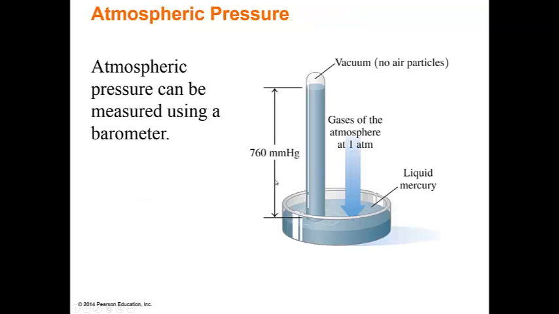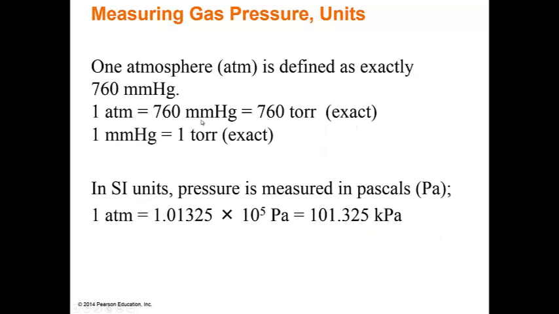All right, so I already explained the barometer, great. This is going to be a really quick unit. So 1 atmosphere is defined as exactly 760 millimeters of mercury. So 1 atm equals 760 mm of mercury, which equals exactly 760 torr. So we could say that torr and millimeters of mercury are exactly equivalent to one another. 760 equals 760, so it's 1 to 1.